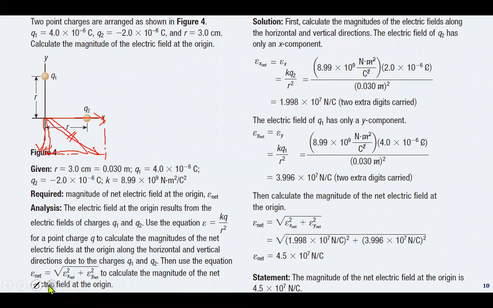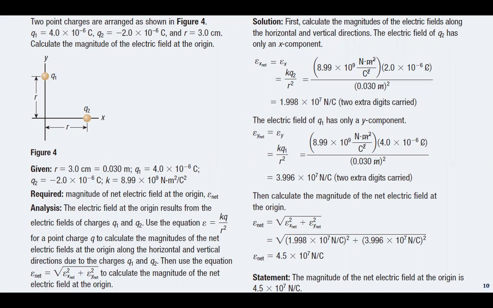Okay, following this logic, first we can calculate the magnitude of the electric field along the horizontal and vertical directions. The electric field of Q2 has only an x component.